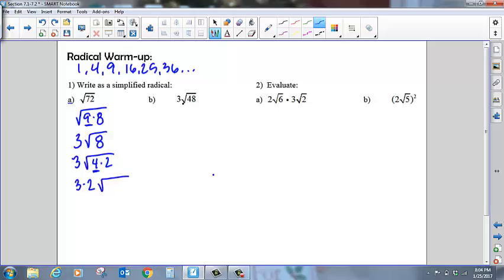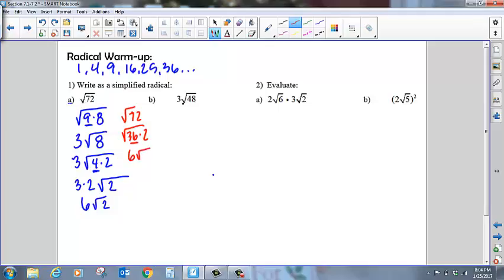We cannot take the square root of 2, so that's going to stay inside. And then you're just going to multiply what you have outside to give you 6 square root 2. You could have also noticed that the square root of 72 can be broken down into 36 times 2. So you can do it this way as well. And then if you take the square root of 36, you get 6.